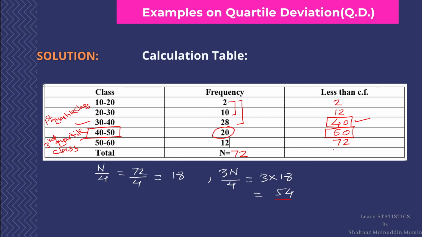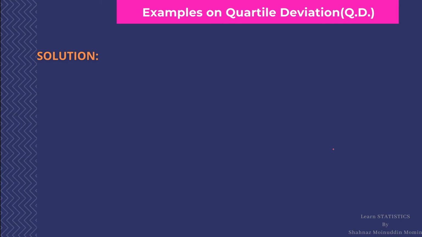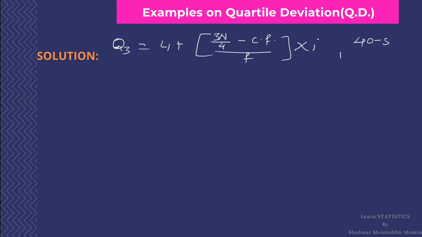Now we will substitute all these values in the formula of the third quartile. We get Q3 equal to L1 plus 3n by 4 minus Cf divided by F into I. Here we know that the third quartile class is 40 to 50. Let me write it for our reference.